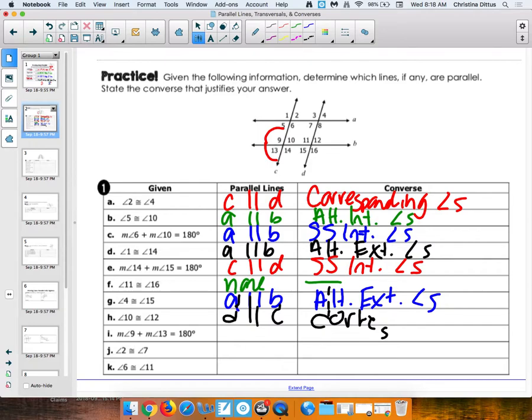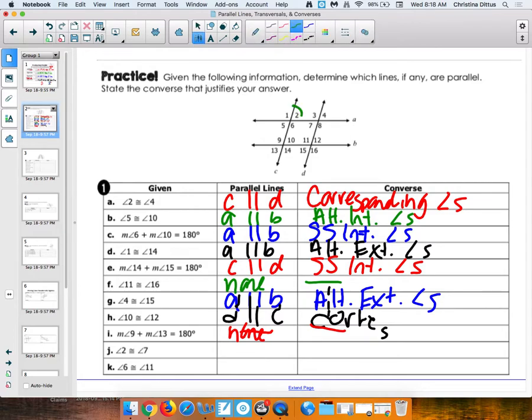A linear pair doesn't tell me anything's parallel. It just tells me that they add up to 180. So this is true, but it doesn't tell me anything about parallel lines. So no lines are necessarily parallel, although it is true they add up to 180.